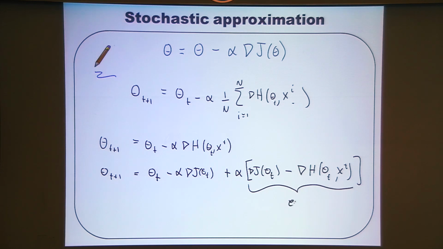Okay. Now, this is the equation that we want, the gradient descent equation, the equation that says that theta moves in the direction of the gradient. This is the difference between the gradient and its Monte Carlo estimate using one sample. Okay, so this is the error in the gradient.